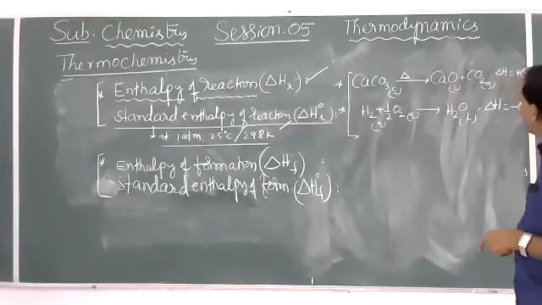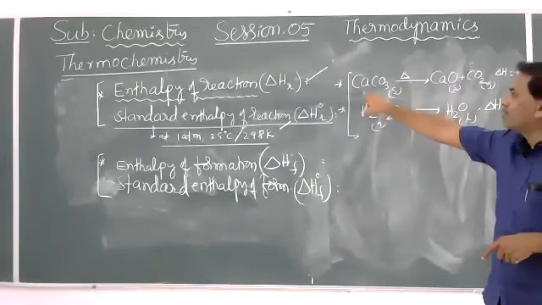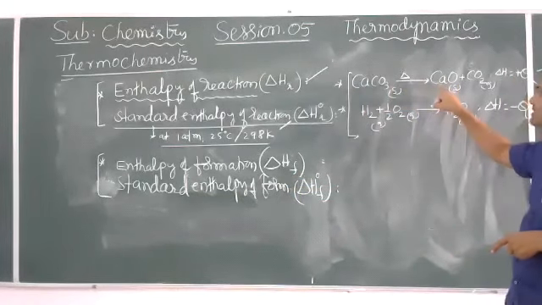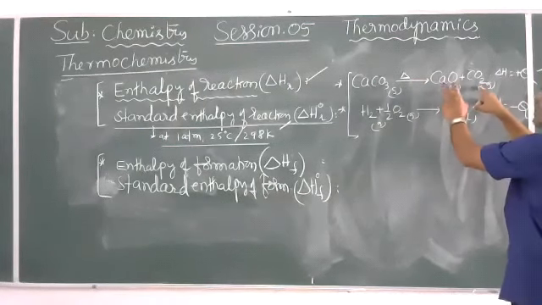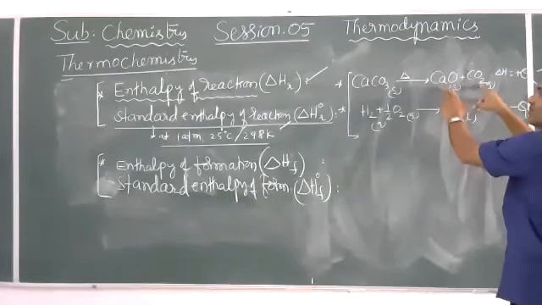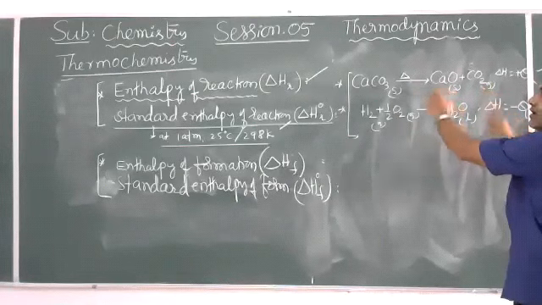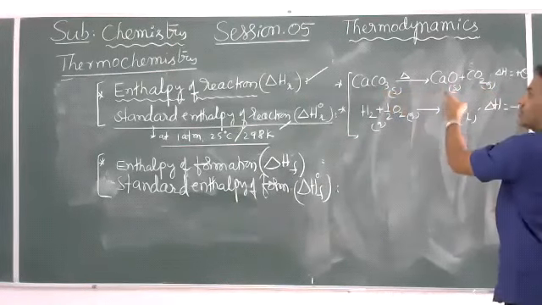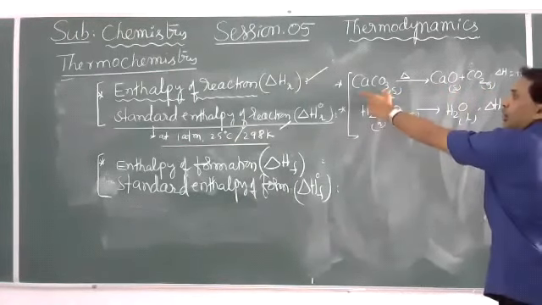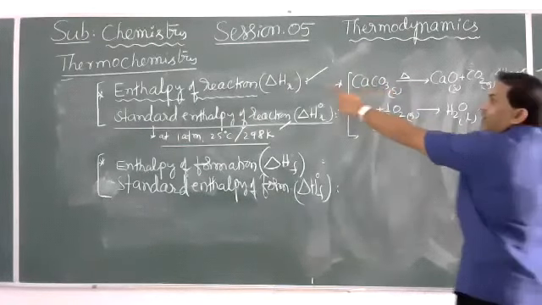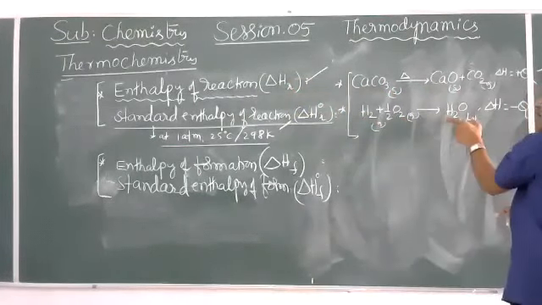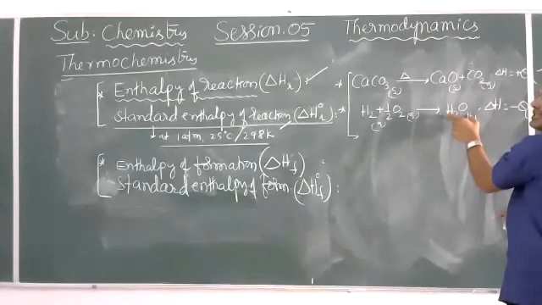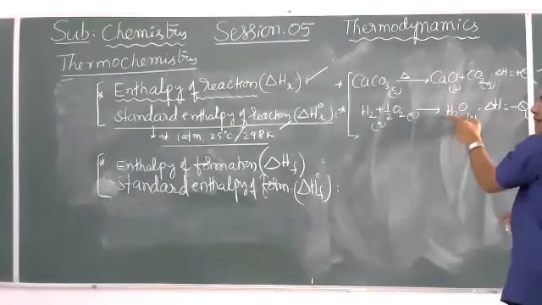But see here, calcium carbonate decomposes, it gives calcium oxide and carbon dioxide. These are compounds. These compounds are not formed from their constituent atoms. These are formed from a molecule or a compound. That's why this is an example for enthalpy of reaction.